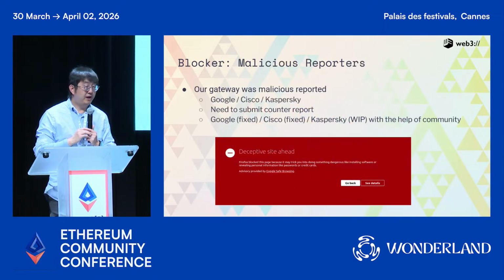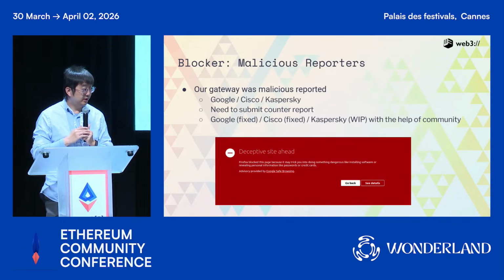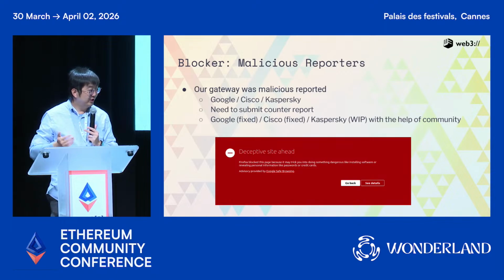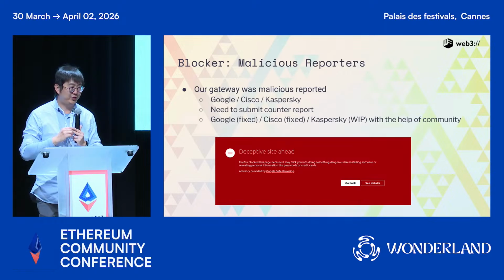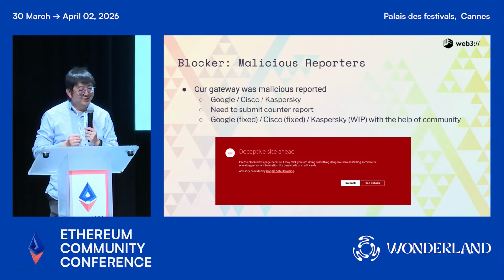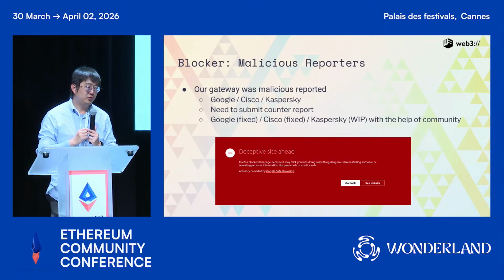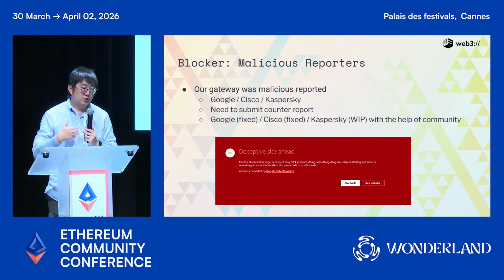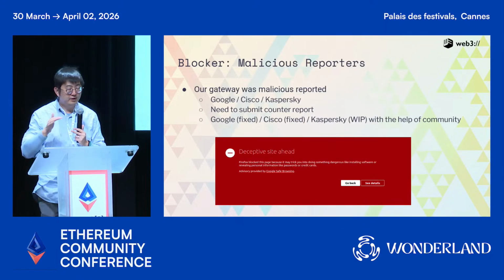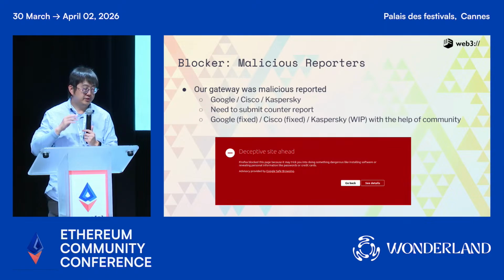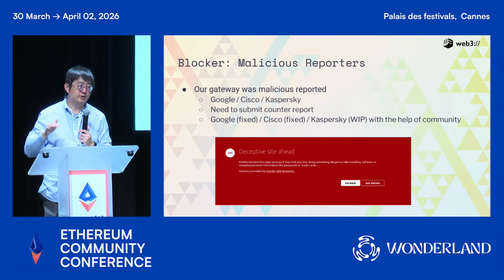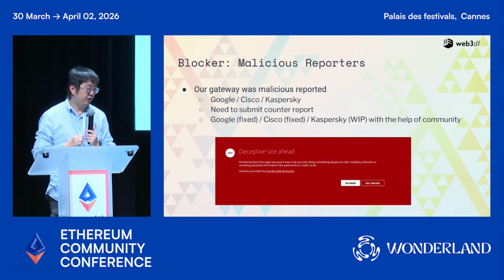And we also found a couple of issues, like some malicious reporters trying to block us and saying, hey, there is malicious content. Actually, a similar thing happens to IPFS gateways, and it just takes more time to convince them that this is legit. All the data is on chain, and we just transparently relay all this data from Ethereum.